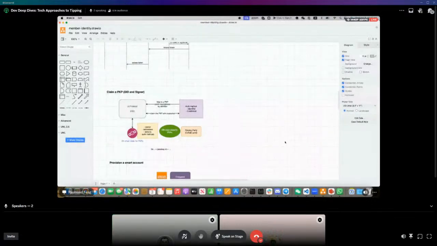But for ease of use, when you're on Telegram or Discord, you still mention the other party by their Discord username. So if Raymond wants to tip Chibi, I just say /tip 100 Collab.Land token to @Chibi, right?